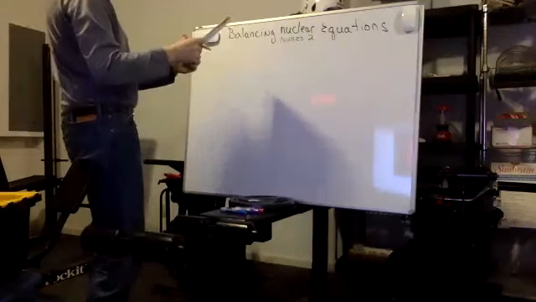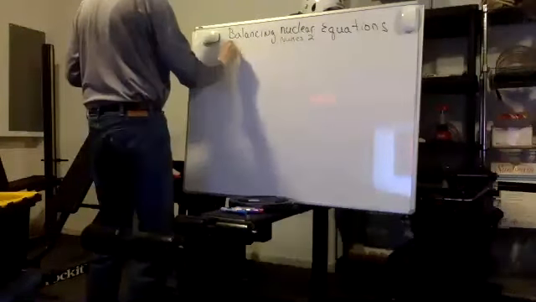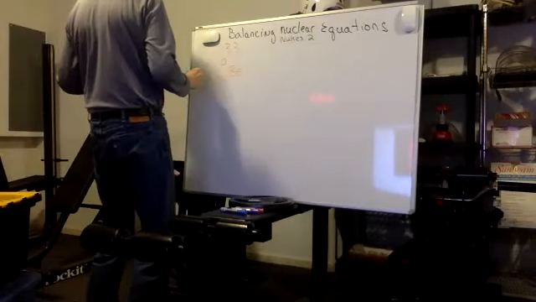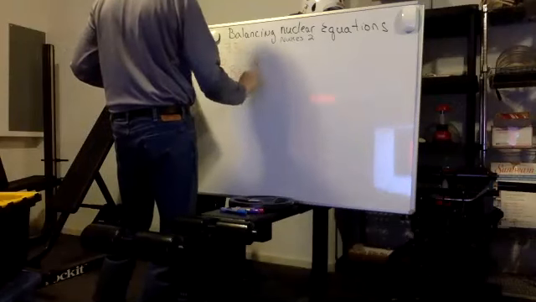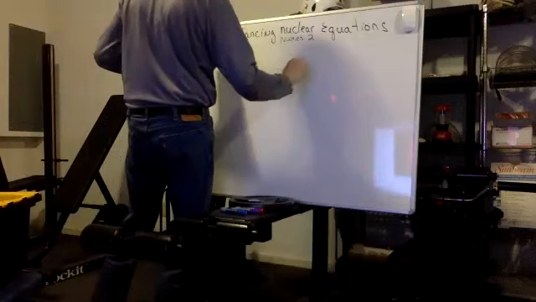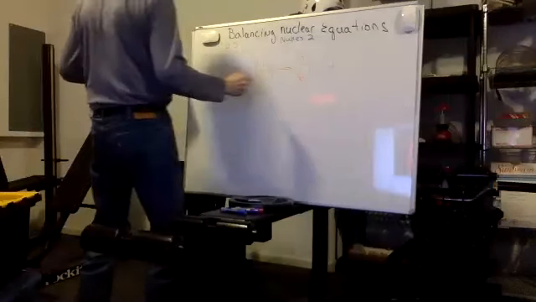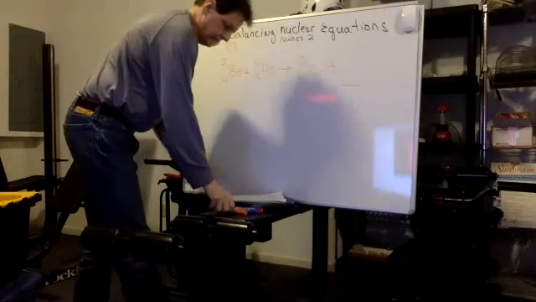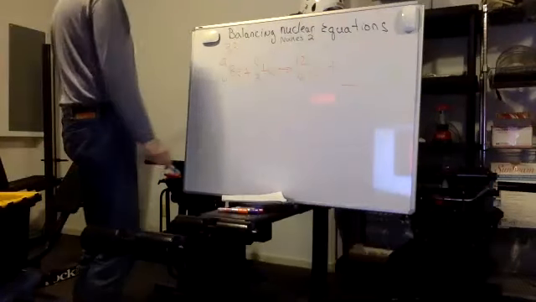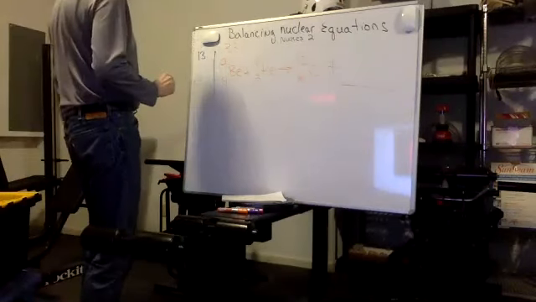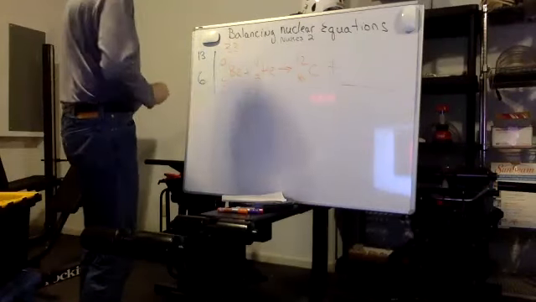Okay, let's go to 33. We got Be plus 4-2He gives 12-6C plus blank. So we got 9 and 4, 13 on top, and 4 and 2 is 6 on the bottom.